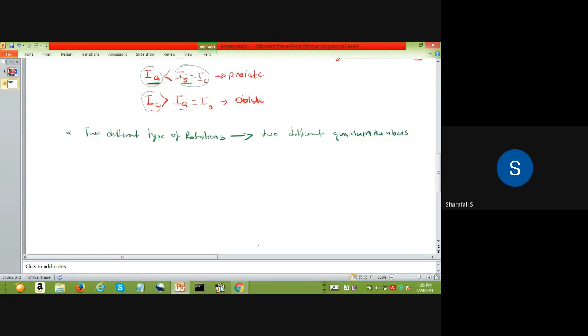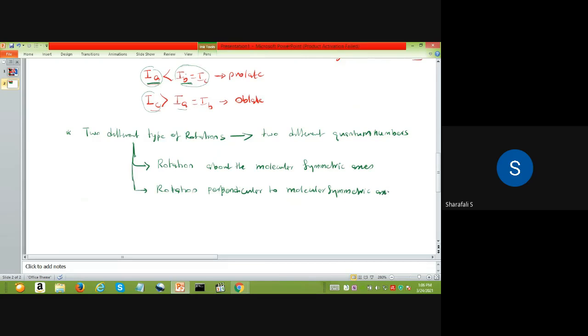So if you calculate the energy, and if you ask what these two different rotations are: one is the rotation about the molecular symmetric axis, and the second one is the rotation perpendicular to the molecular symmetric axis.